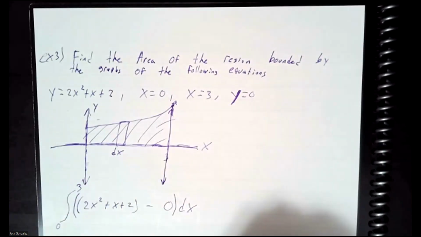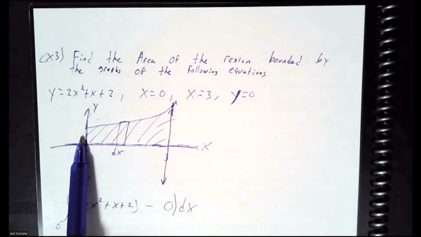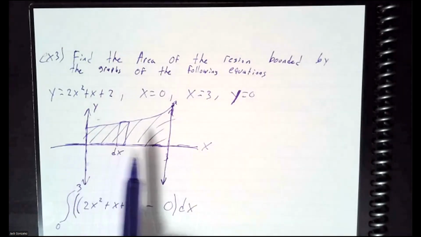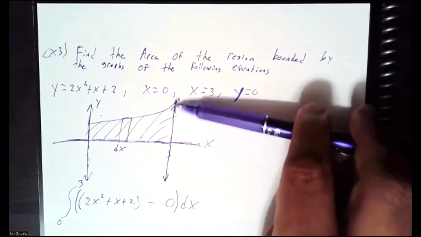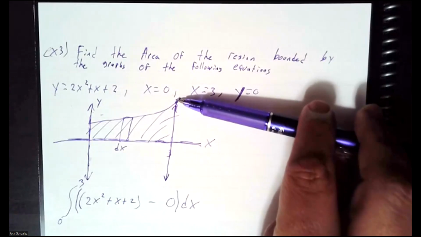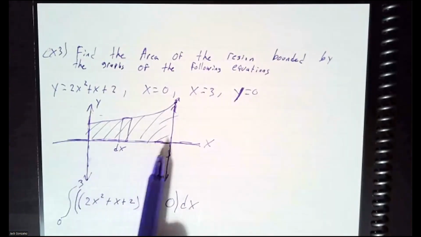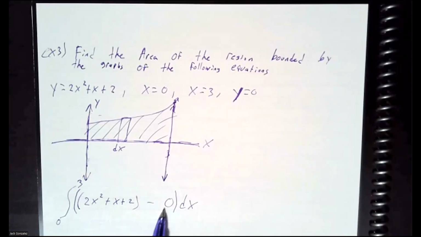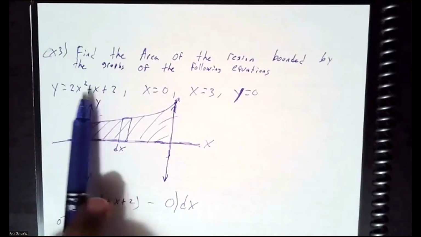All right, so we decide 0 to 3 because we see the boundary region is 0 to 3. If it was dy, we would be bounding it from 0 to whatever this point is, so you'd have to find it. Does that make sense? Yes. If we're doing dx, then we go from here to here, but the functions must all be in terms of x. If I do dy, then I need to solve for y, if it's possible.